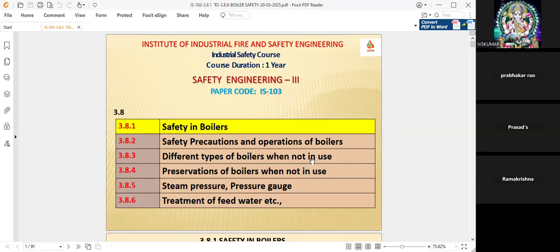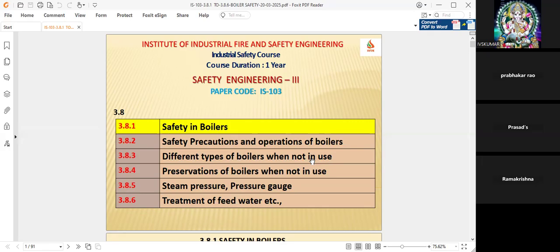At that time, how do the industries secure the boilers, with all the parts of the boiler which are very important, like safety valve, steam drum, steam valve, boiler feed water, and boiler vertical tubes and all. With the emergency team, they have to secure all the parts of the boiler when they are not in use.